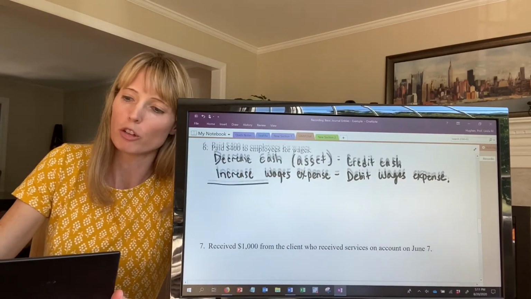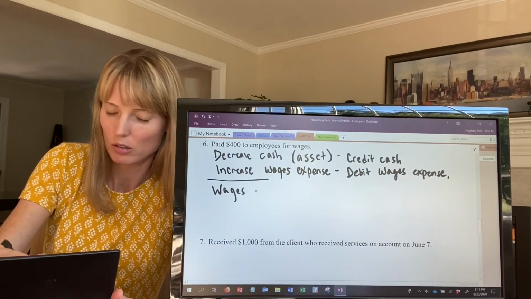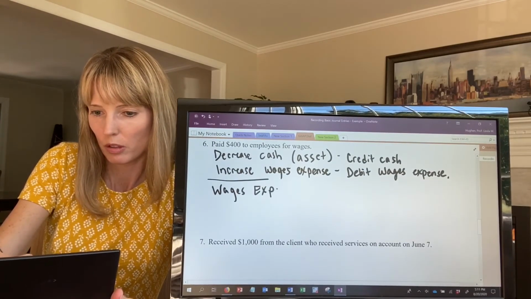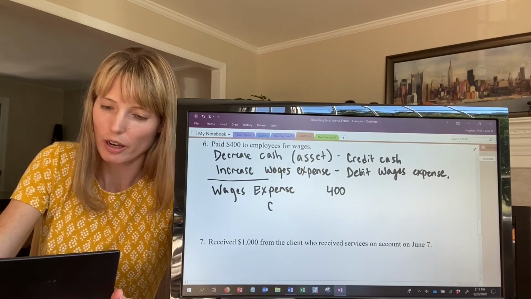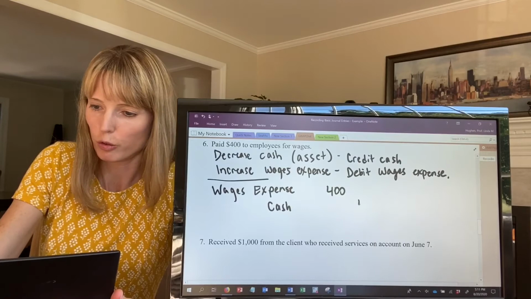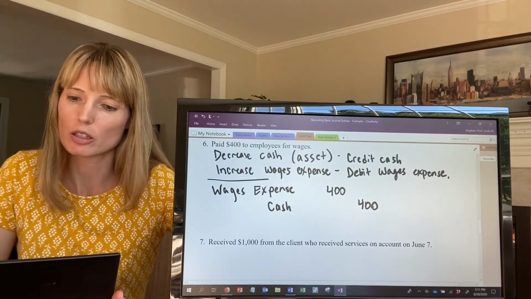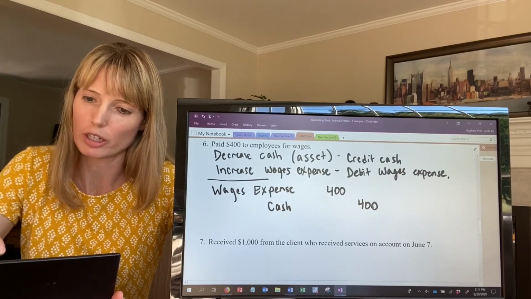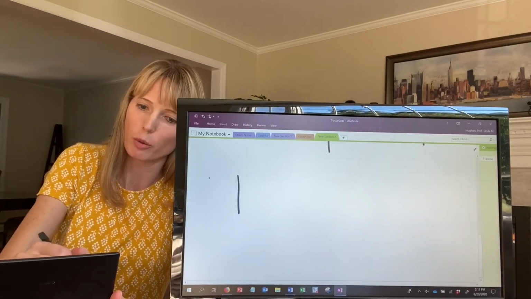Okay, so now for my journal entry, debit wages expense for 400 and credit cash for 400. Now I need to post this transaction to the ledger accounts. I know that I need to create a new T account for wages expense.